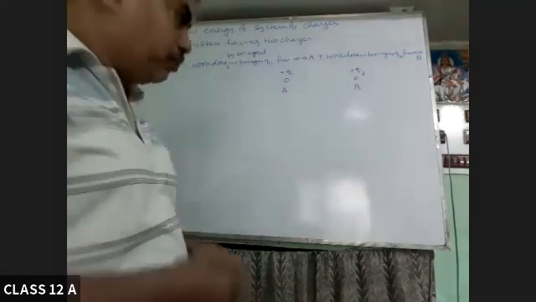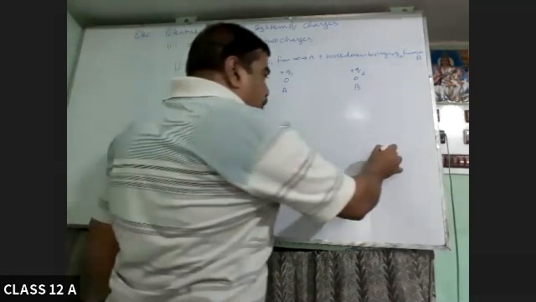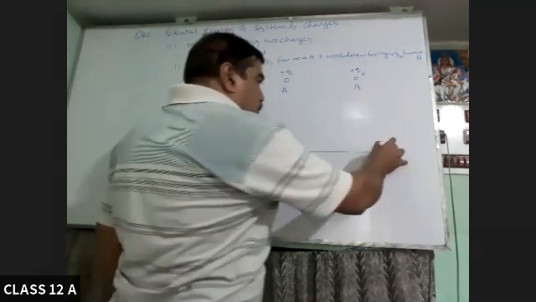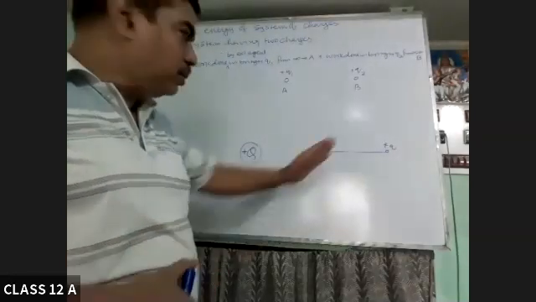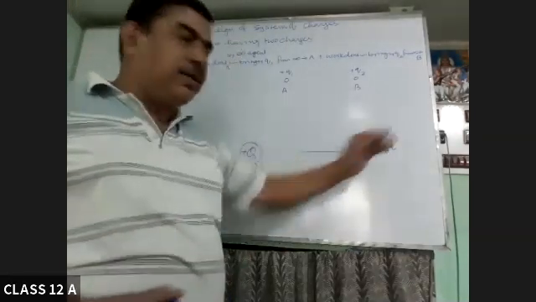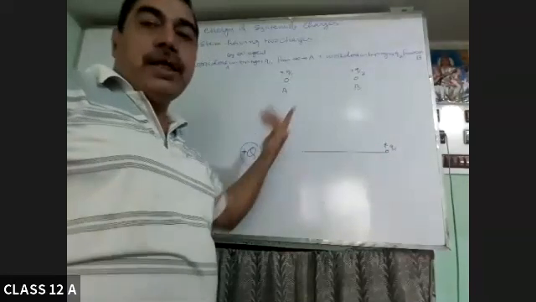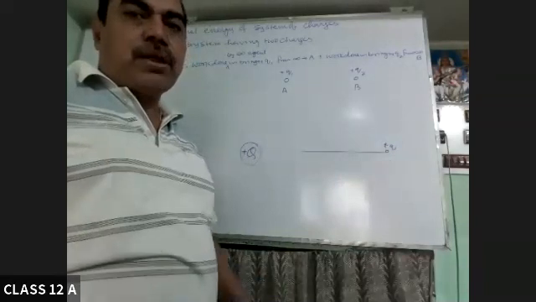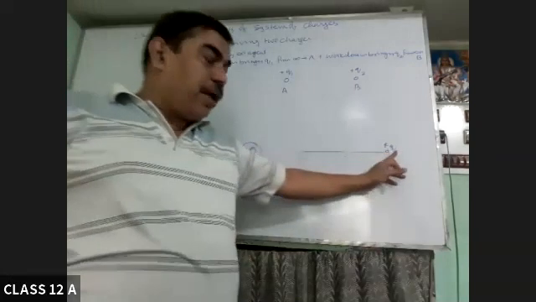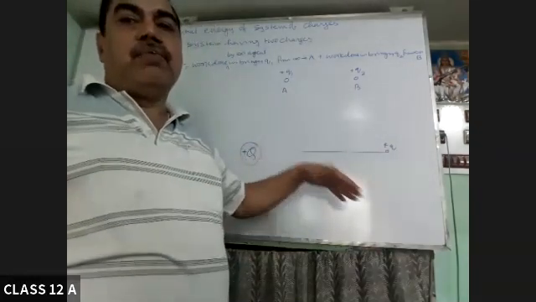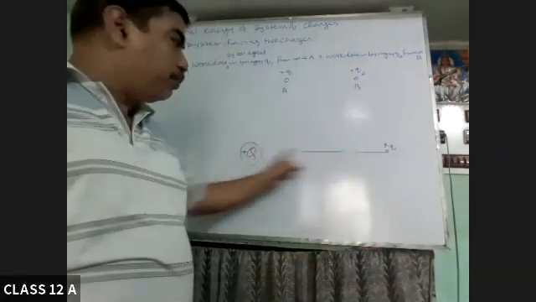Suppose here plus Q charge is present from before, and we are bringing another plus Q charge, then we have to do work because this charge will be repelled by this one. Or if this is minus Q charge, we will gain some work, so work done by us will be negative. If it is positive here and we are bringing positive charge, the work done by us will be positive because we will have to overcome this force of repulsion.